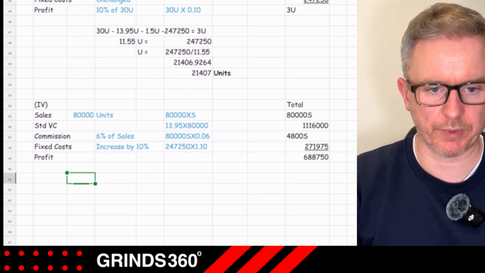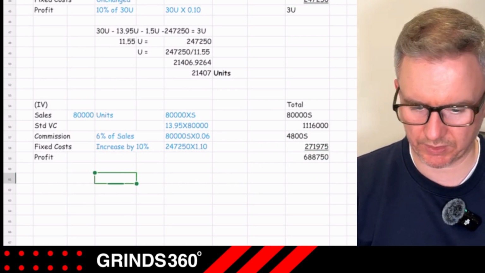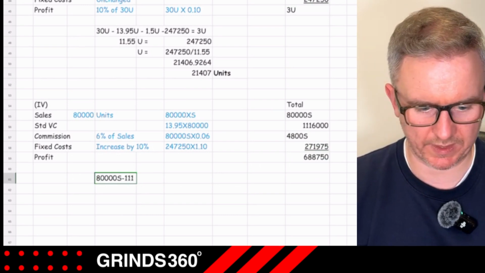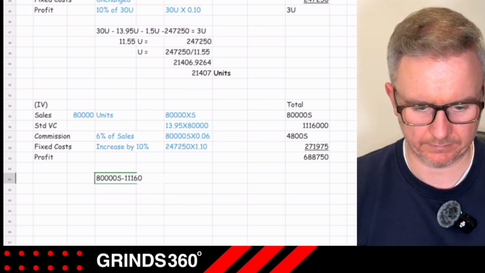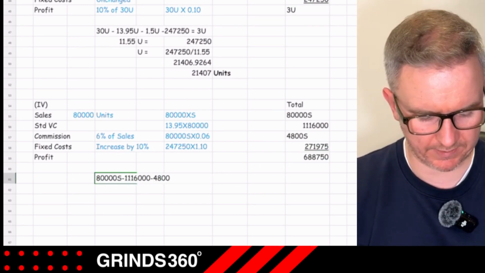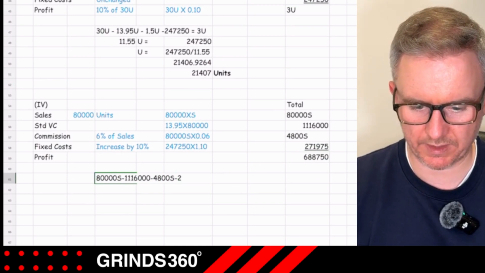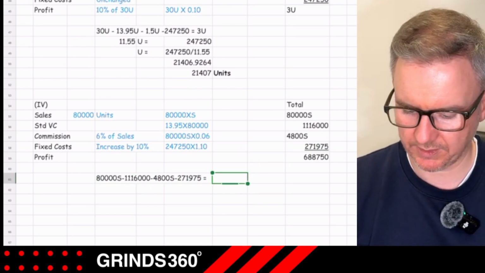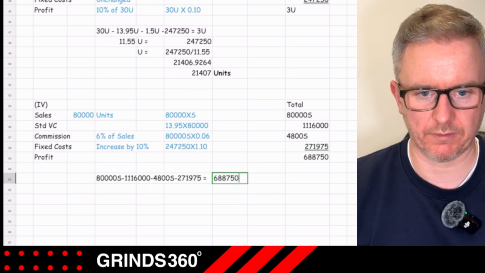So we set it up the exact same as we did in the question above. So 80,000 S minus the 1.116 million minus the 4,800 S minus the 271,975, and that's all equal to 688,750.